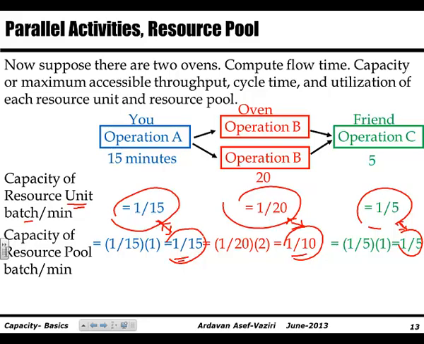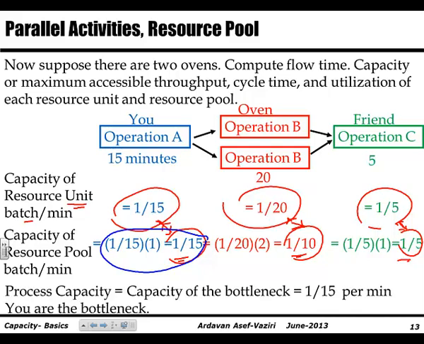1/15, 1/10, 1/5. The minimum number here is this one. 1/15 is smaller than 1/10 and smaller than 1/5. Process capacity is 1/15 per minute.